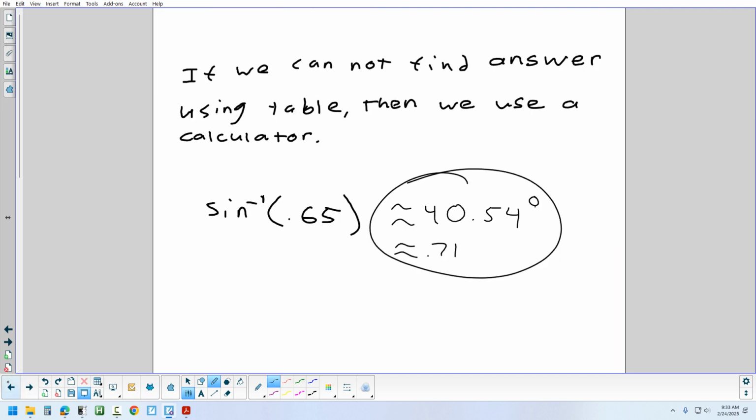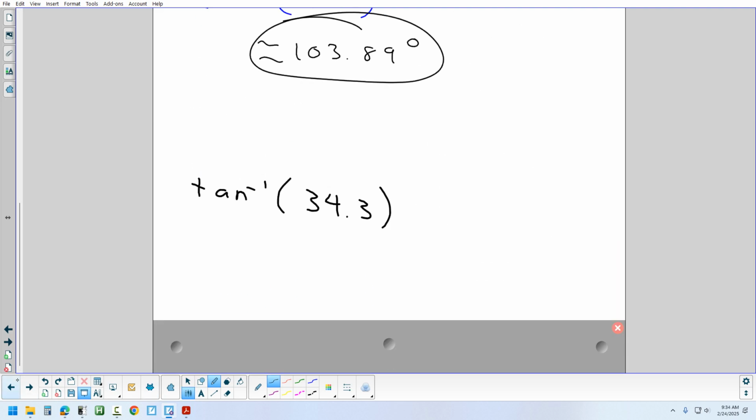And let's try inverse tangent of 34.3. All right, inverse tangent of 34.3. Is 34.3 a number that we see on the table?